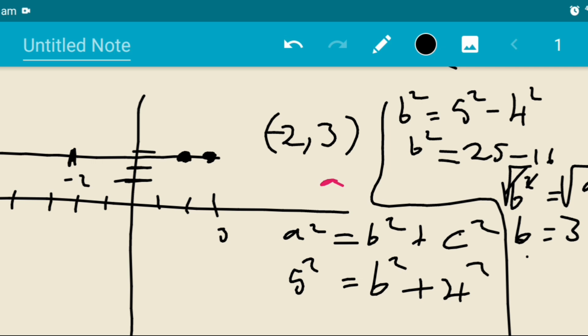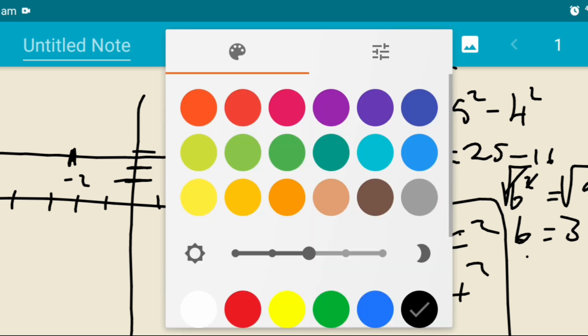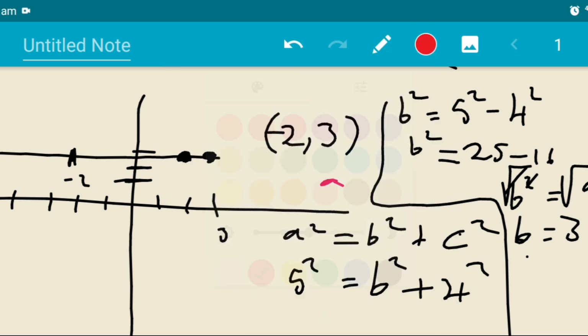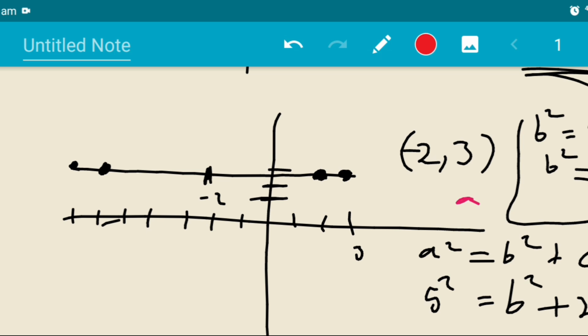So going back to our graph, starting from here, the center, from here to here, that is our a. From here to here, the focus, that is our c. Then our b is from here 3 units up and 3 units down. So let's move up by 3 units. This here is 1, this here is 2, this here is 3.